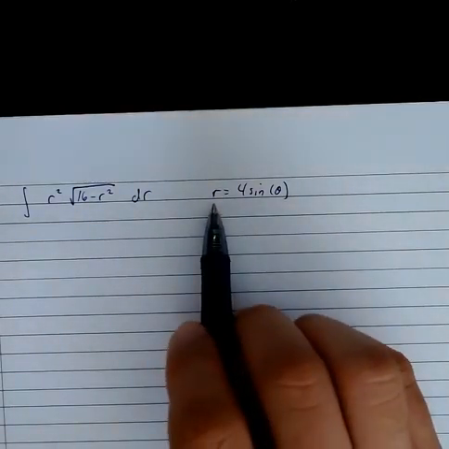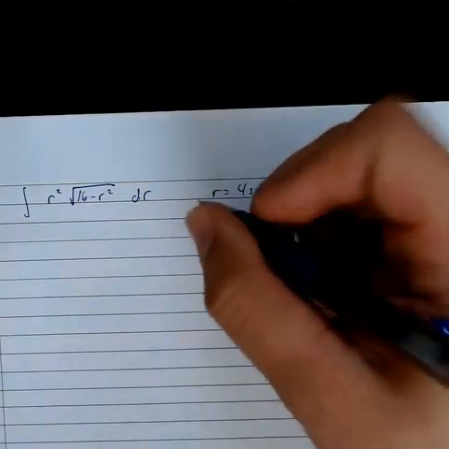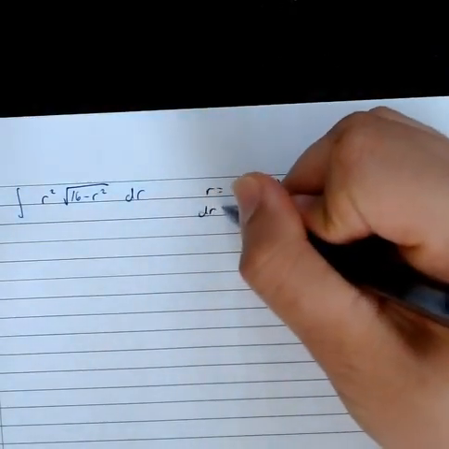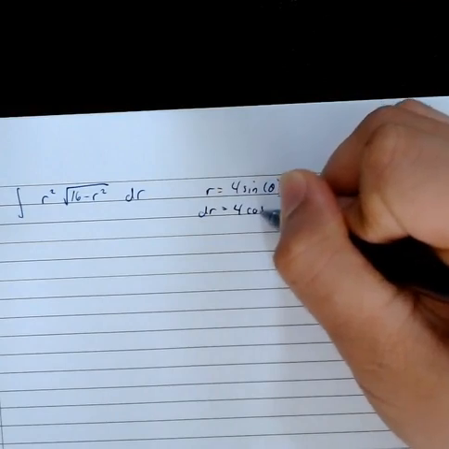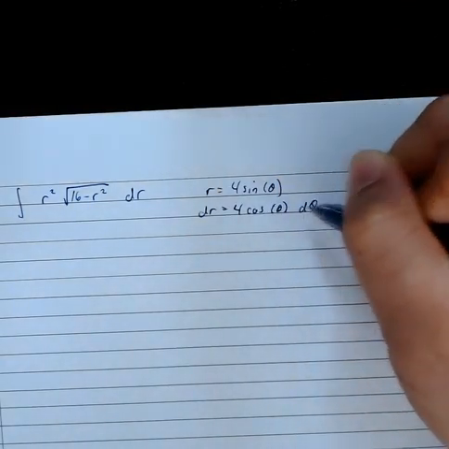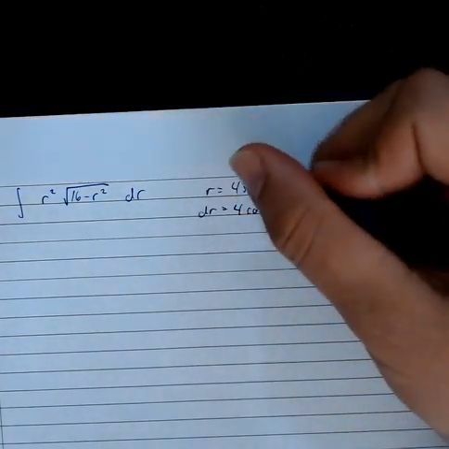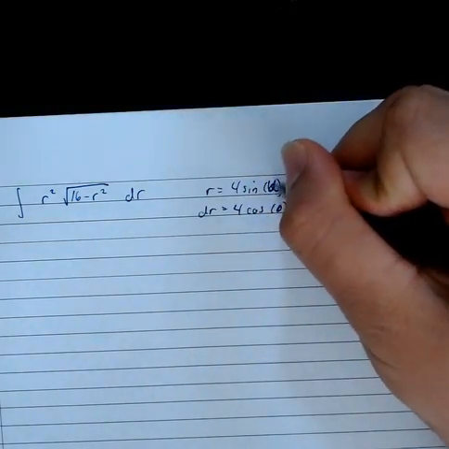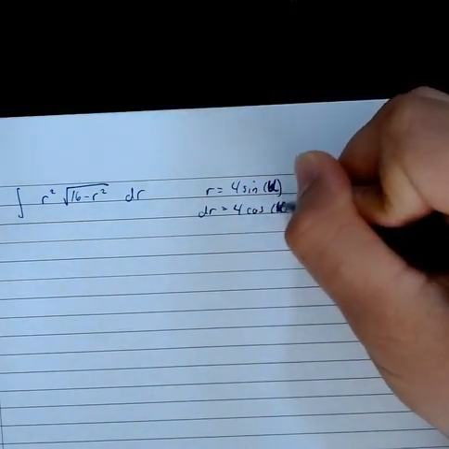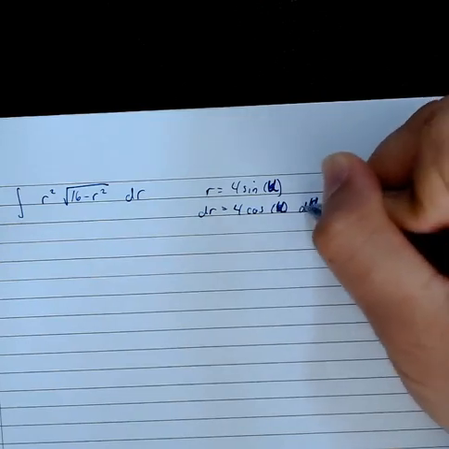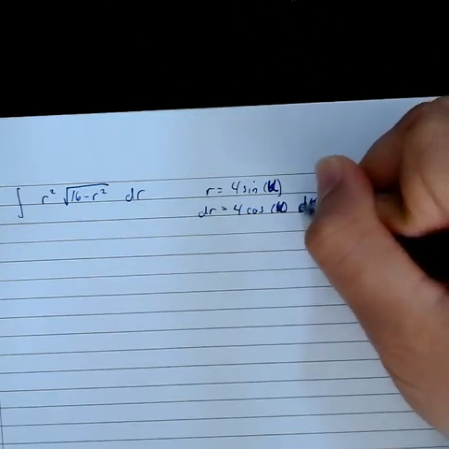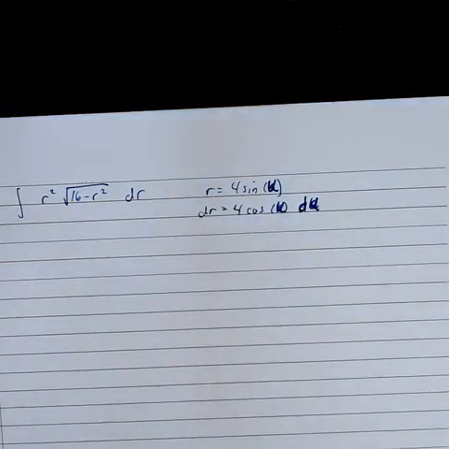Our differential, dr, is going to be 4 times the cosine of theta, d theta. Oh, and you know what? Let me not use theta because we've been using theta for something else in this problem. So here, let me use the letter u, so I don't confuse matters by using theta for different things. So here I'm going to use trig substitution. r is equal to 4 sine of u, and dr is equal to 4 cosine of u du.